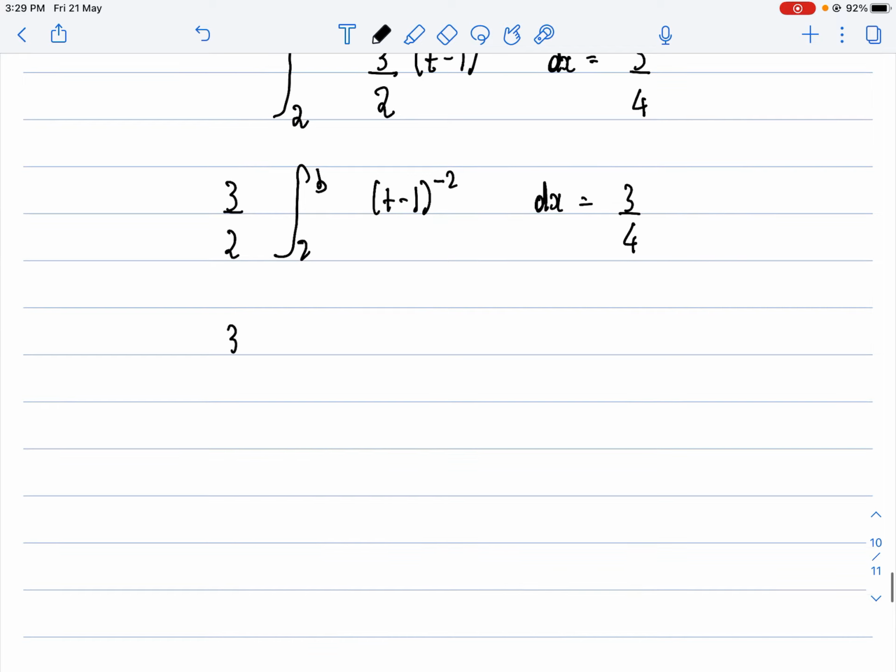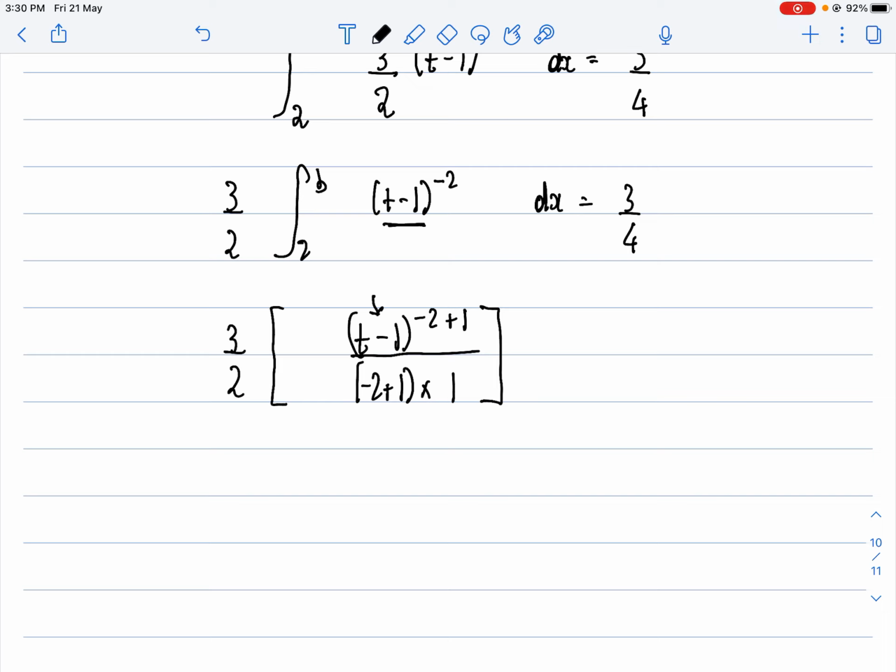So this can be written as 3/2. The integration for this is simply (t − 1)^(−2+1) over (−2+1) into the differentiation of t − 1, which I know is simply 1, with the limits of 2 and b.